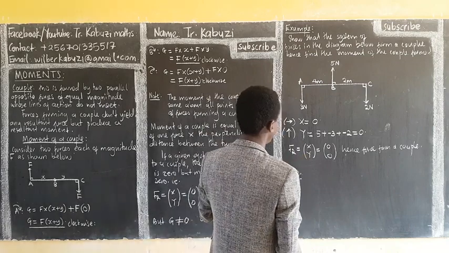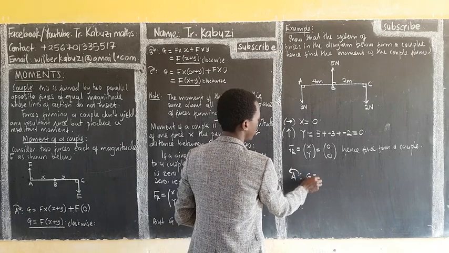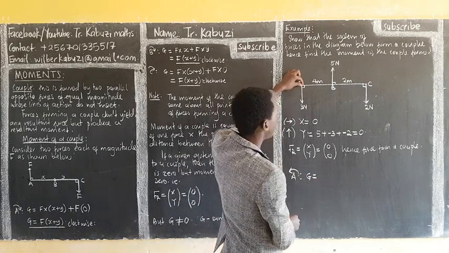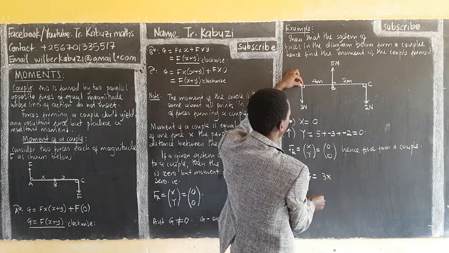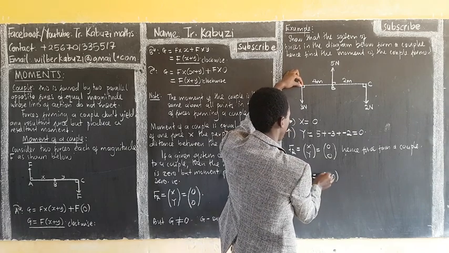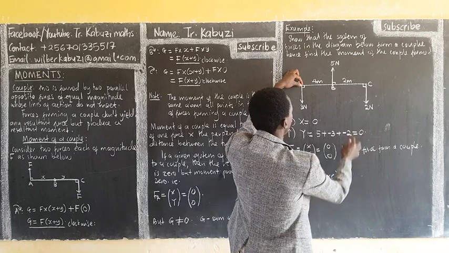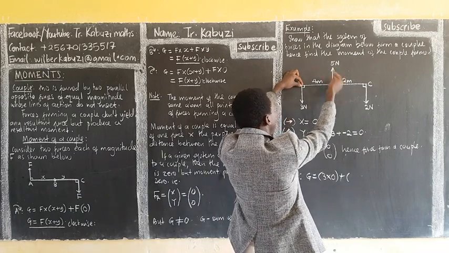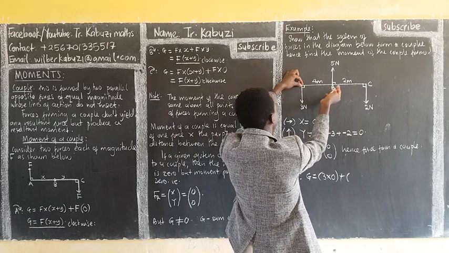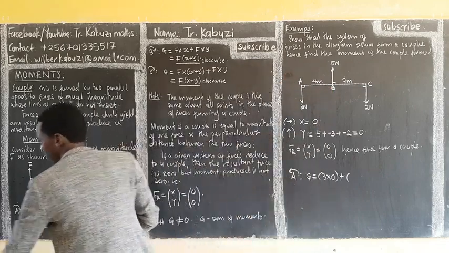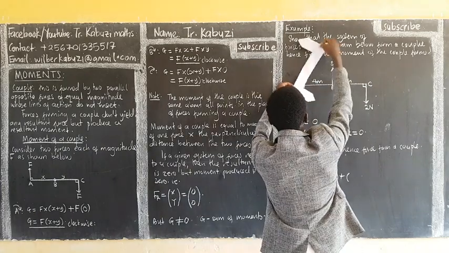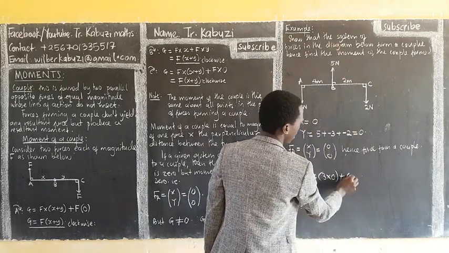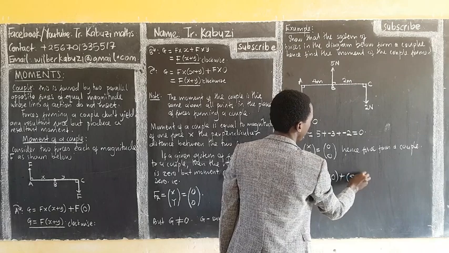If I take it at A, what do we have? Because we are taking it at A, this force of 3 has no perpendicular distance, so the perpendicular distance is 0. Then plus, this force here is anti-clockwise, so it's going to be 5 times 4.